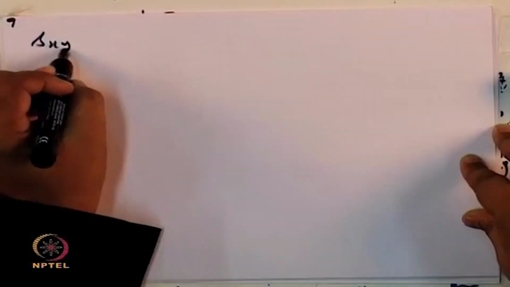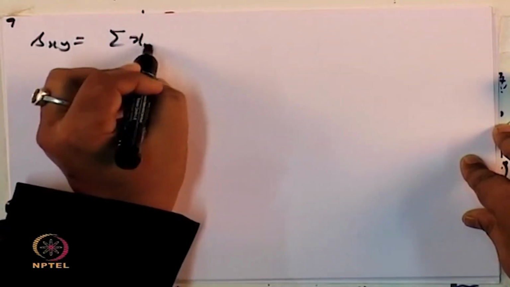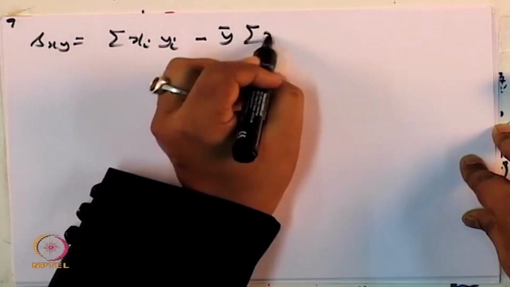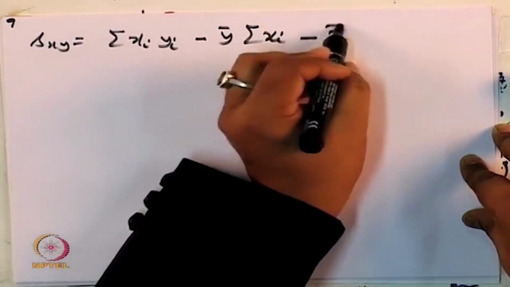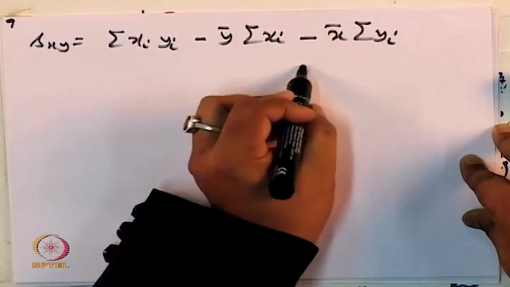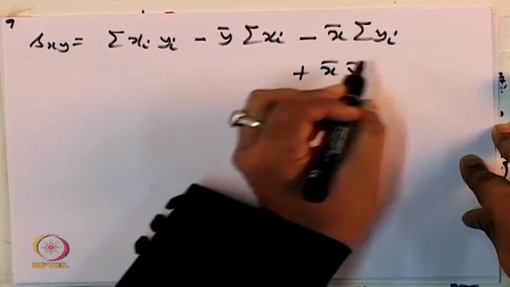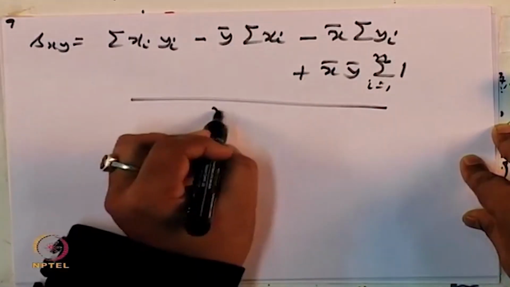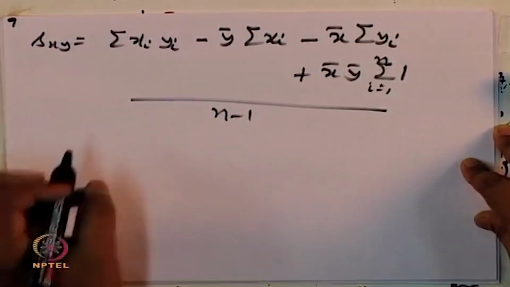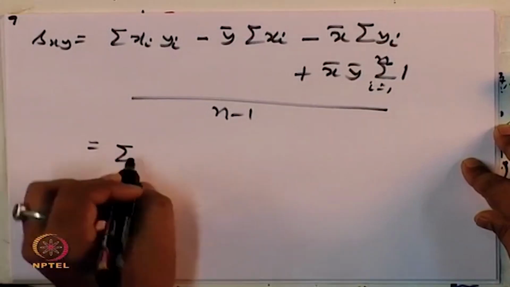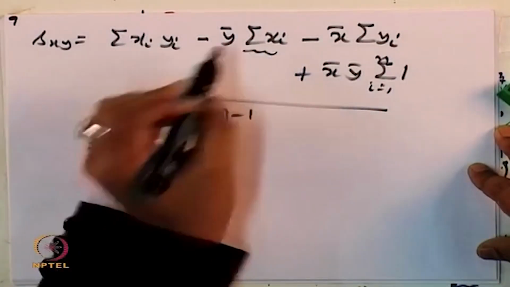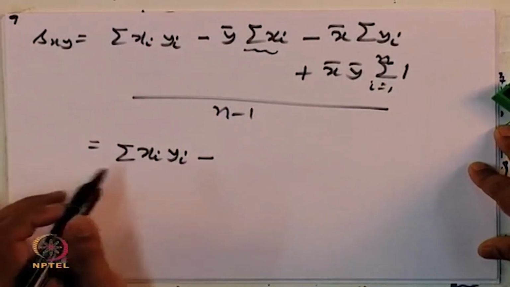Okay. So, my Sxy is equal to summation xi yi minus y bar, I can take out summation xi, minus x bar, I can take out summation yi, plus x bar y bar summation 1, i equal to 1 to n, by n minus 1. Okay. So, summation xi is nothing but n times x bar.